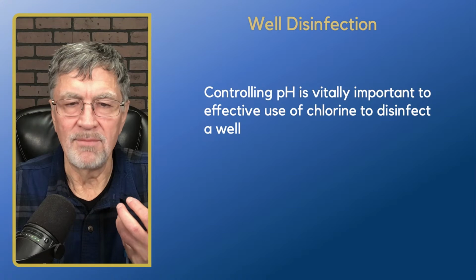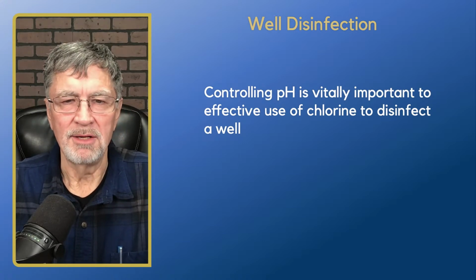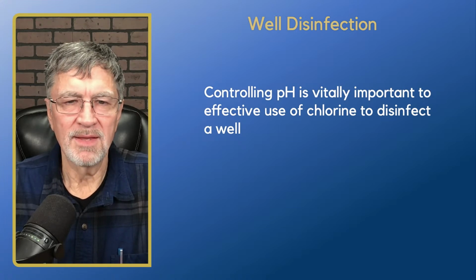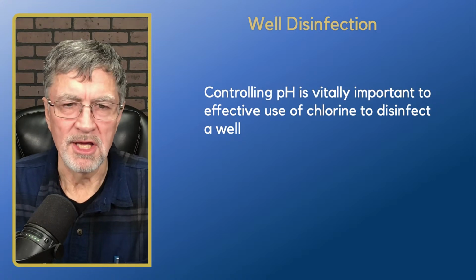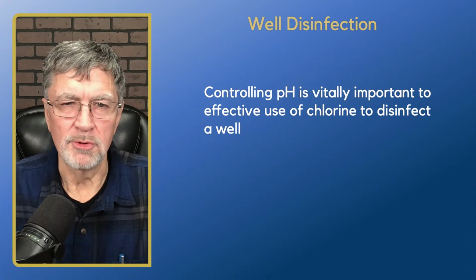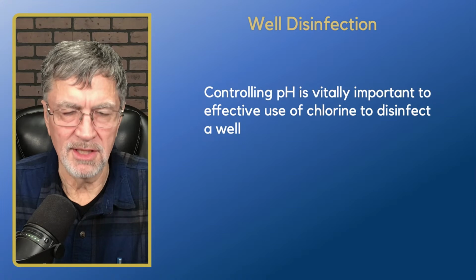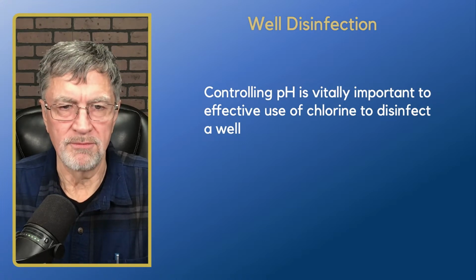I'll explain in detail, but it's important to understand that effective use of chlorine is generally best below neutral, generally below a pH of 6. So slightly acidic is where you're going to want to be in order for chlorine to be the most effective.